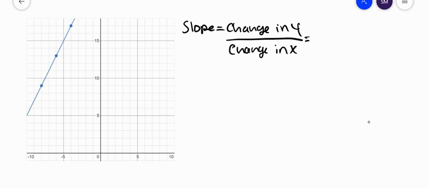So in between these points, I'm going up 1, 2, 3, 4. And I'm going over 1, 2. So my slope would be 4 over 2, which is just equal to 2.